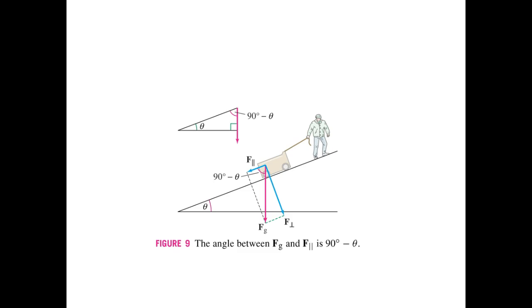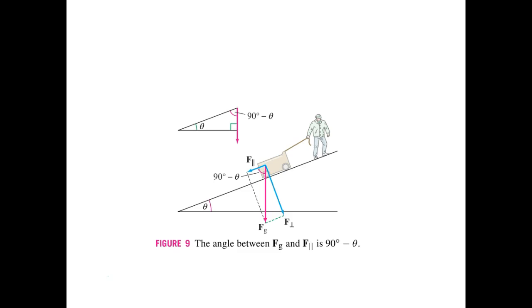What I usually use is that is the angle theta there, because if this is 90 minus theta, that one must be theta, and then I use the relationships here. This component is the sine of that angle over weight. Weight is the force due to gravity, and this here is related to the cosine of the angle theta, because that's adjacent to that theta.